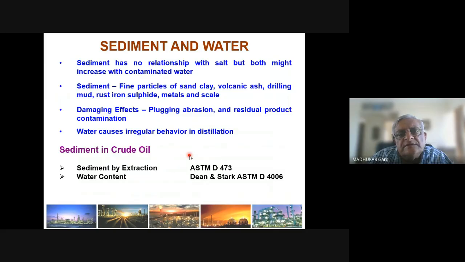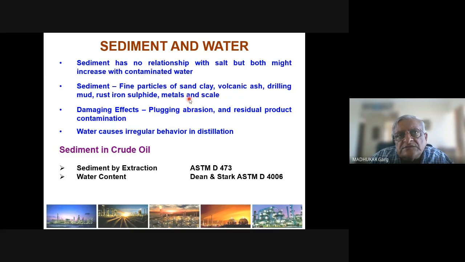Basic sediment and water is a property of that crude, and it depends not only on the water content and the salt content, but also on some fine particles of clay, ash, etc., and material that gets in as corrosion products from the ship, etc. So these are solid fine particles, and these are precipitated out in the storage tanks.